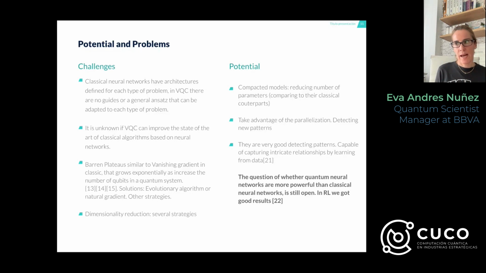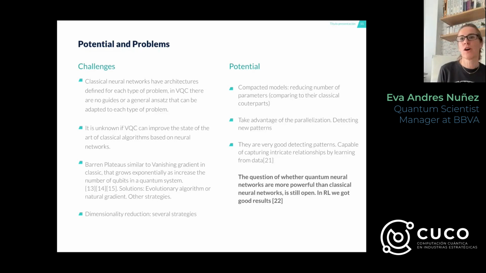In addition, in classical machine learning, we have a standard architecture and guidelines to follow for solving different problems, different use cases. I mean, if we have to solve a computer vision problem, we have a specific convolutional neural network, a specific topology to apply in this kind of problem.